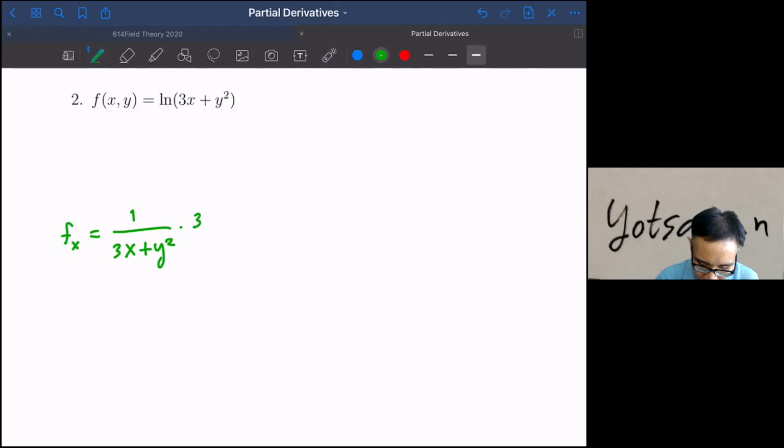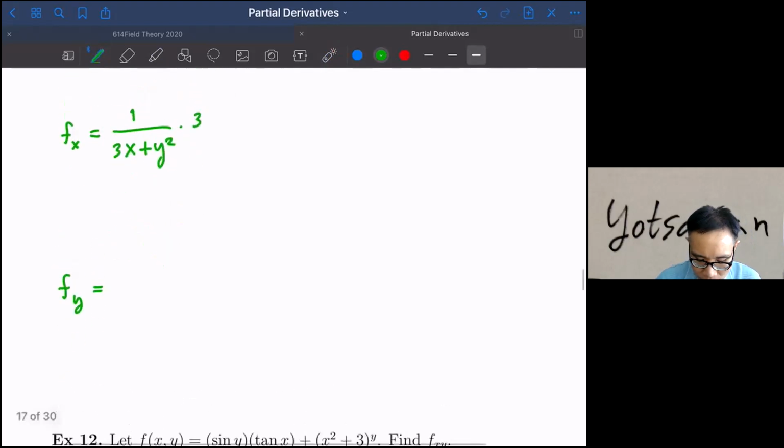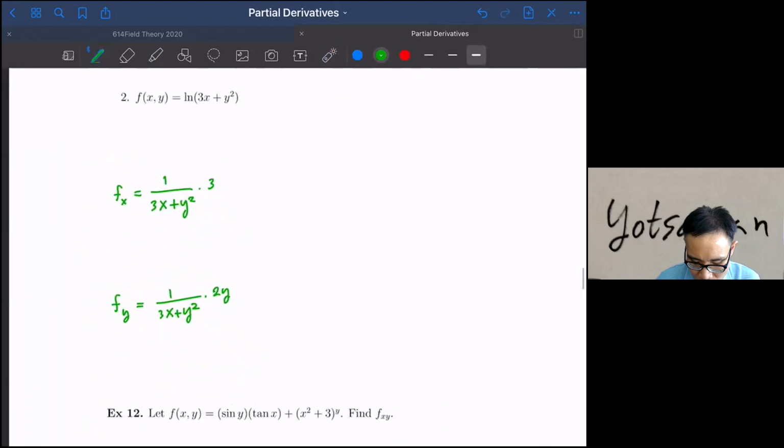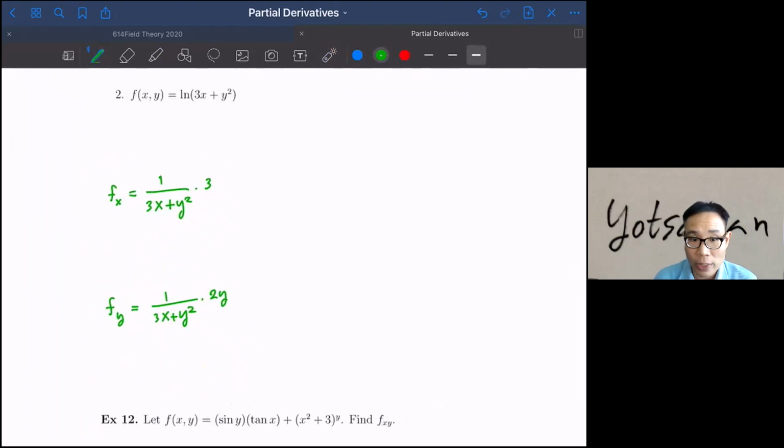And you have fy. For fy, it's going to be 1 over 3x plus y squared, and you have 2y. So you differentiate with respect to x and with respect to y.